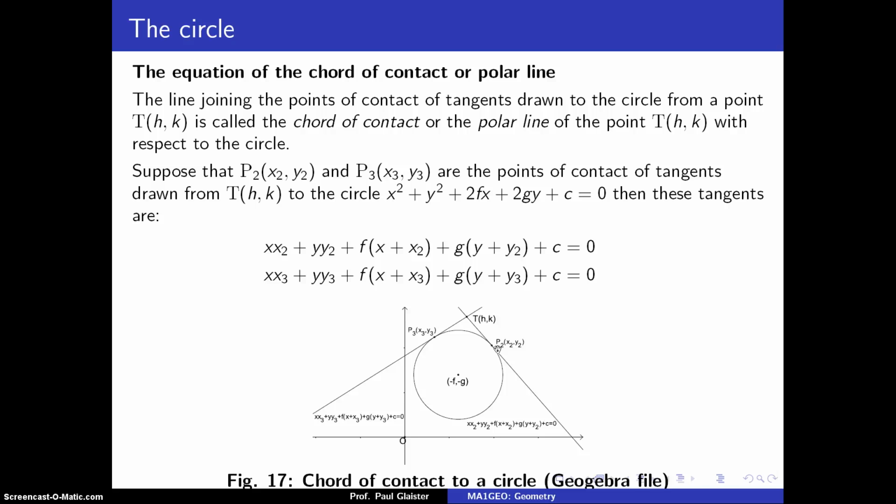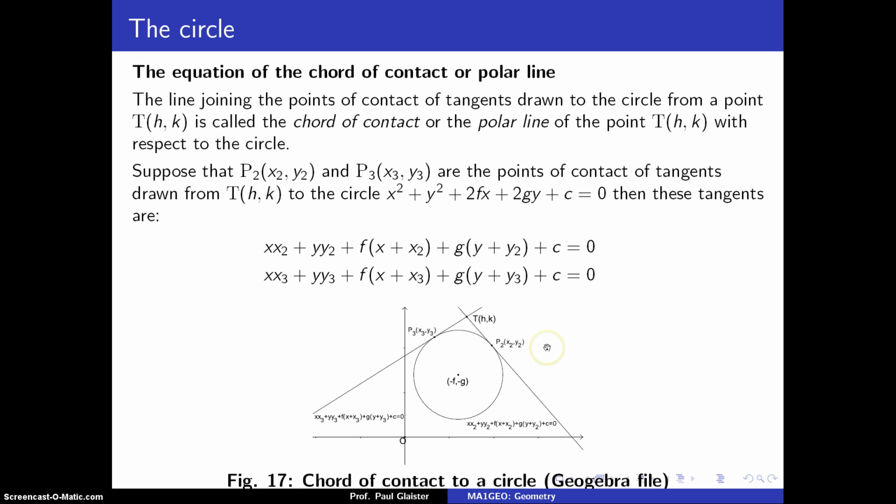So here goes. We only know the equation of the circle, which is this, and we know the coordinates of the point T. Now, let us suppose that the two tangents that we draw through T touch the circle at 2 points, P2, P3, with the coordinates labelled.